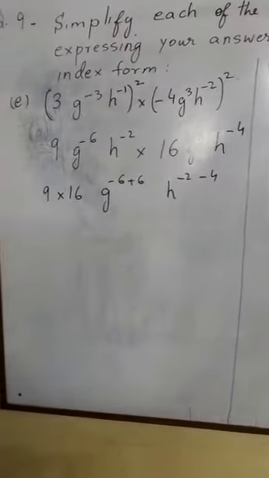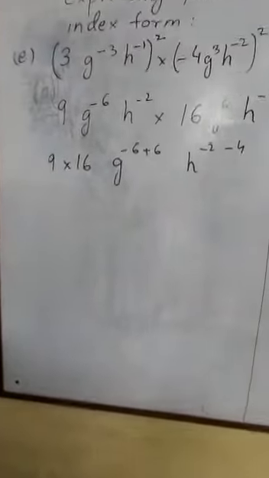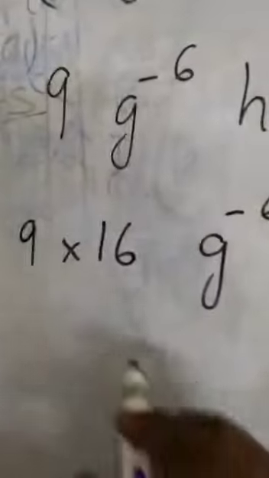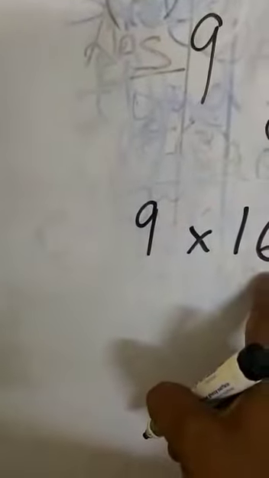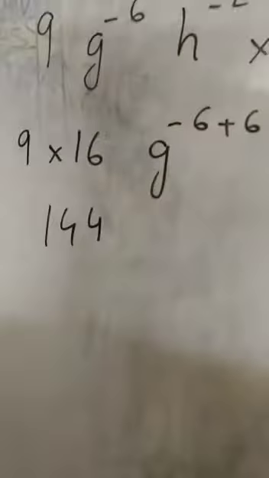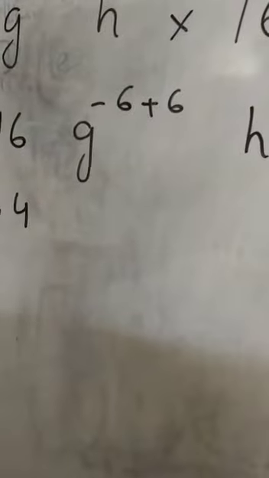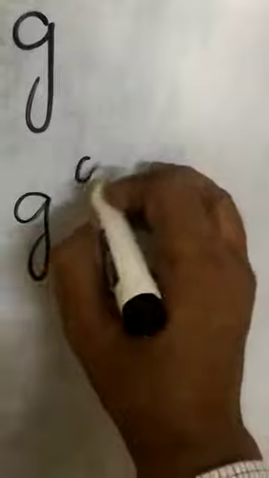Now when we multiply 9 with 16, we will get 144. And G^-6 plus 6 is G^0.